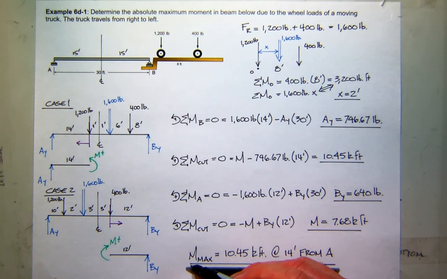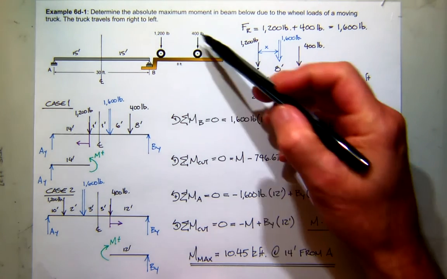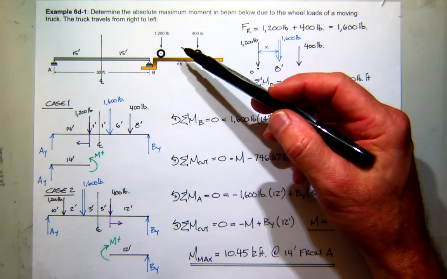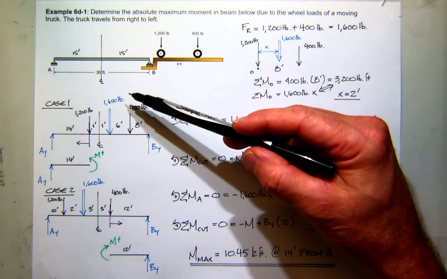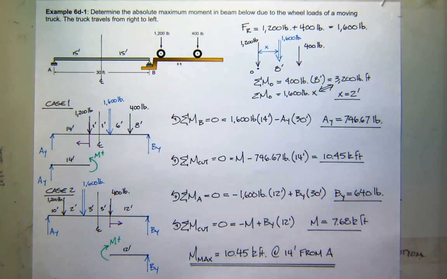And now I can design my structure. If this is the only load that's applying to my structure, I can now design a beam section to withstand at least 10.45 kip feet of moment.